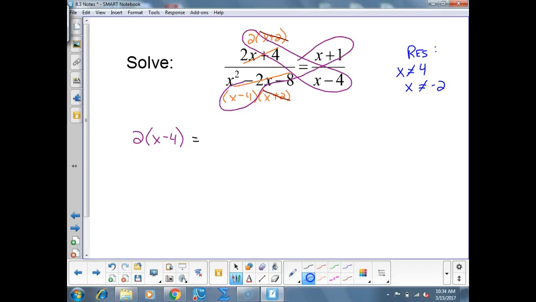And that's going to equal x minus 4 times x plus 1. So that gives me 2x minus 8 equals x squared minus 3x minus 4.